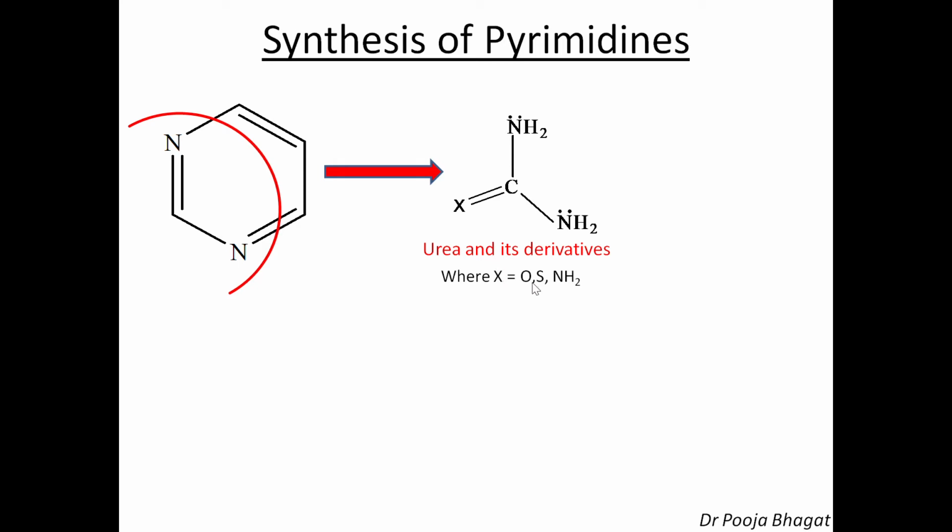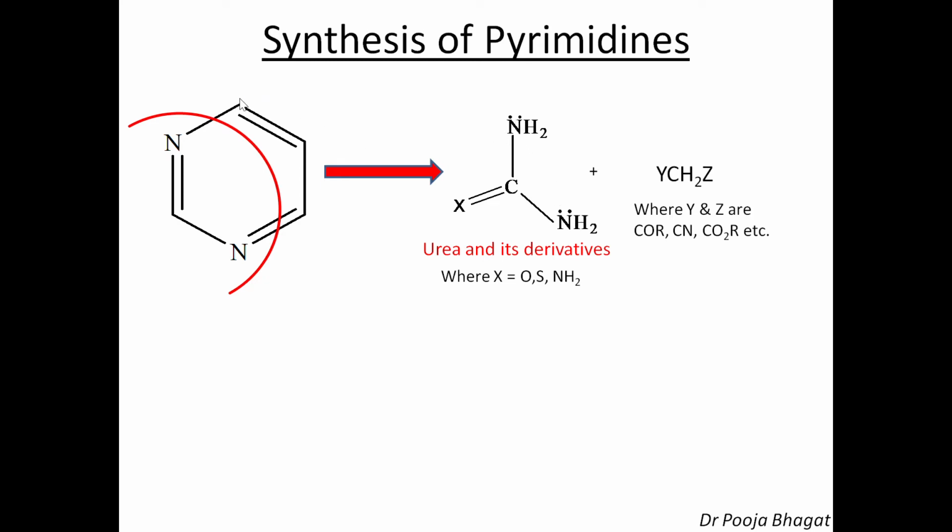X can be O, S and NH2, and we will discuss later how you can name the urea accordingly and its derivatives. And then the second part is this 1, 2, 3. 3 carbon molecule, 3 carbon, 1, 2, 3. Now you can see here, this is urea. In urea you have the NH2, the lone pair of electrons are present. So these are nucleophilic centers.